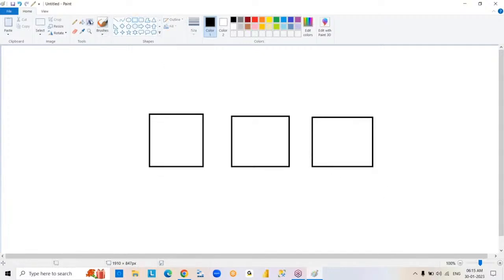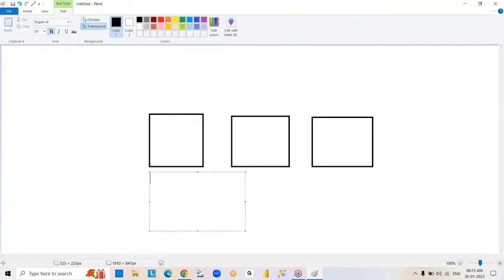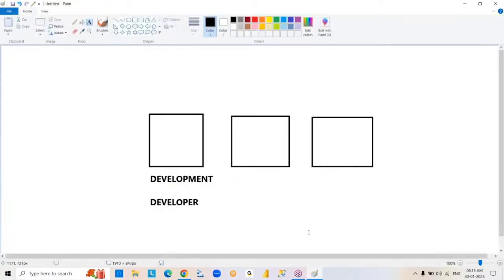See, this is development server. Who is going to work with development server?